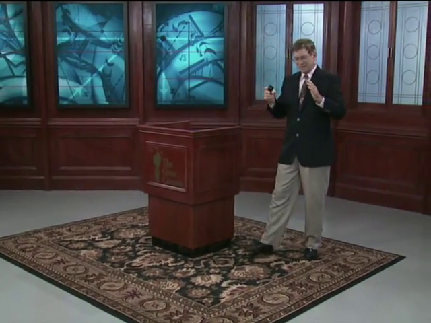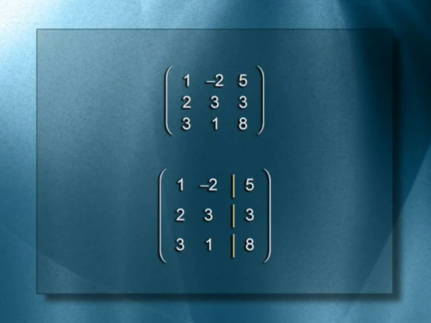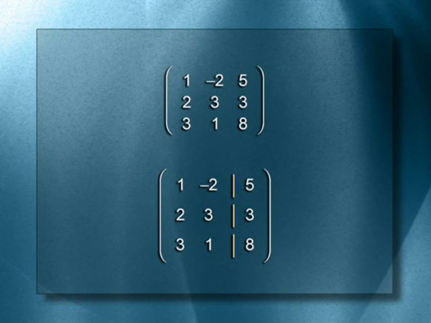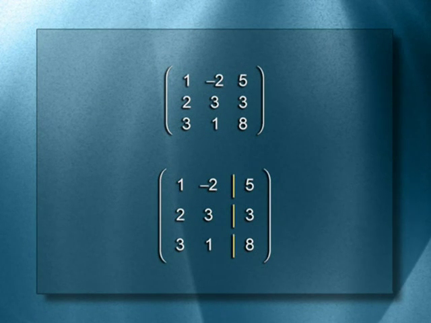Now, a little study tip here. If you look in textbooks that cover what we call linear algebra, that's what we're studying right now, solving linear equations, you'll notice that some books like to put a vertical line in the matrix over there on the right-hand side to distinguish between the coefficients of the equations and the constant terms on the right-hand side.